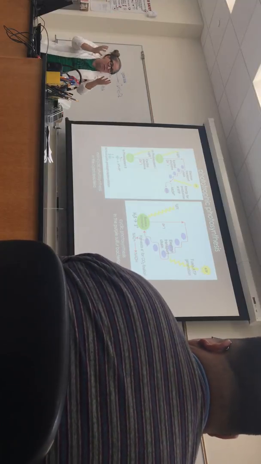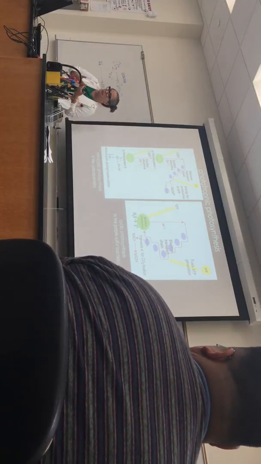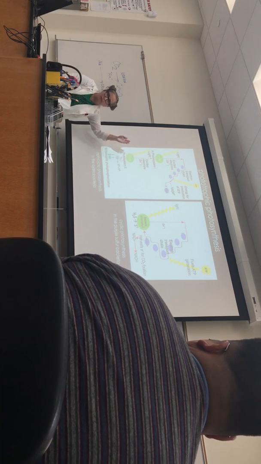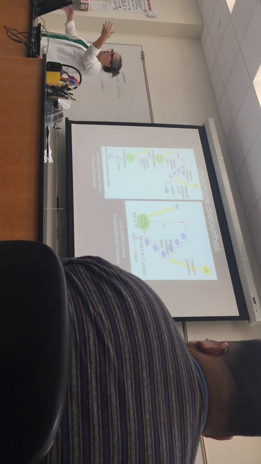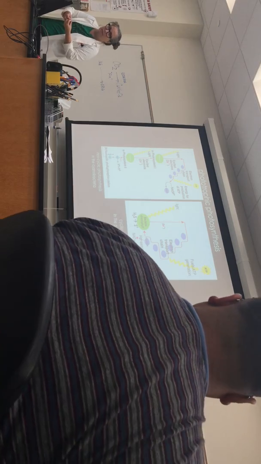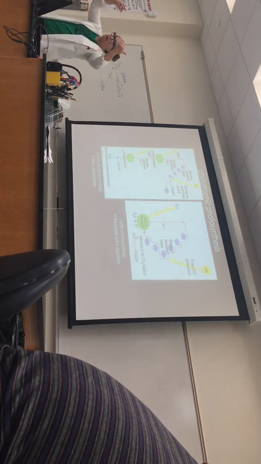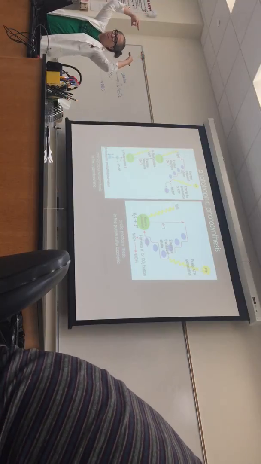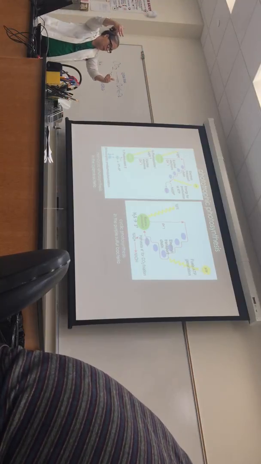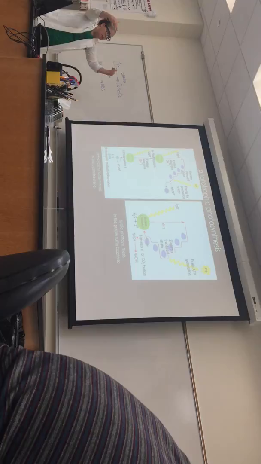Any pigment absorbs light. This chlorophyll, which we find in plants, absorbs light and excites electrons. It excites them and allows them to go through an electron transport chain.